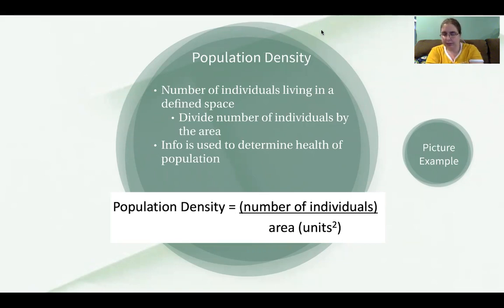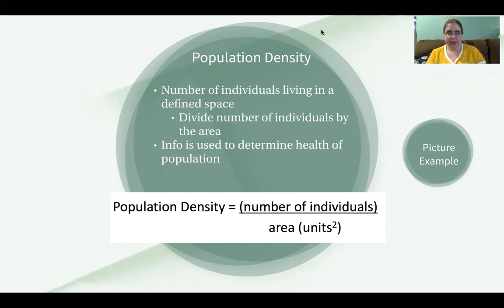So the nice thing about this is it helps us to figure out and determine the health of a population. If the population is really big for that area, then that tells us that there are likely to be a lot of resources which allow the population to get bigger. However, can that area sustain such a large population, or can it lead to a population crash?